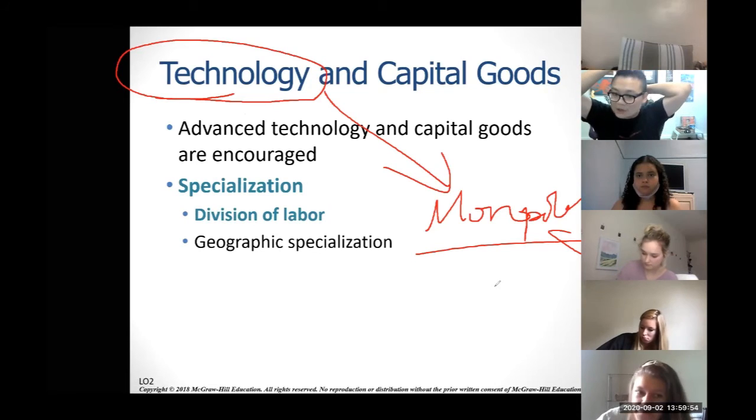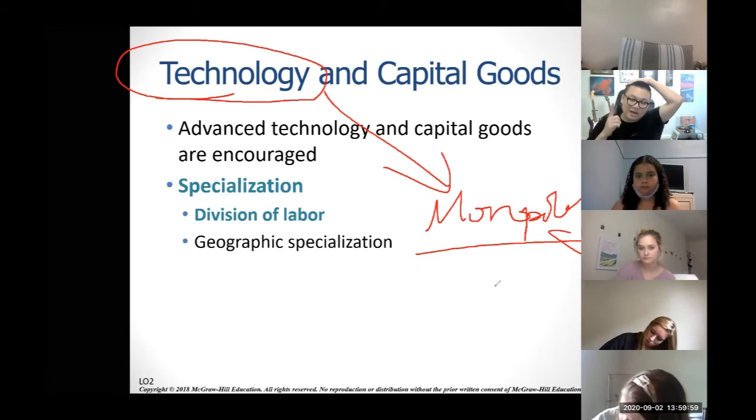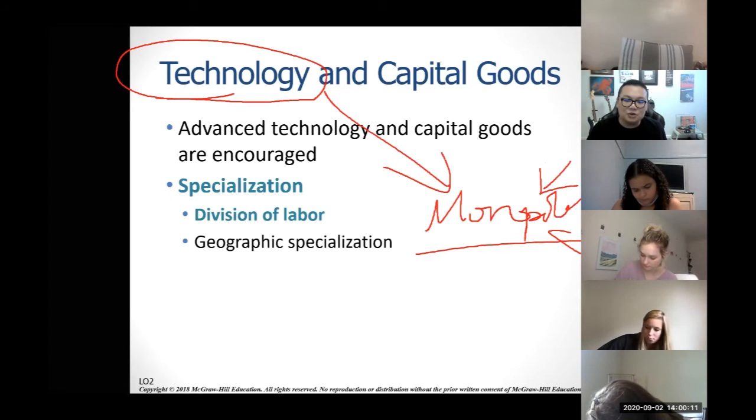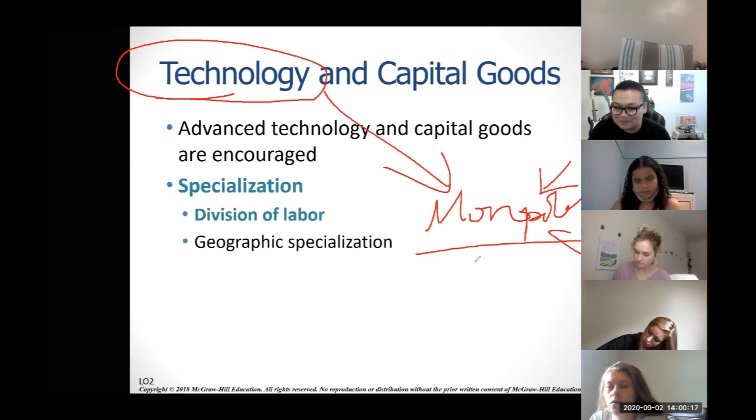Monopoly means there's only one company selling that product. Which means that company has very unique technology. So technology is very important for the monopoly market model. And we're going to spend the majority of the time going through monopoly. Can anyone give me an example of a monopoly company right now in the United States or in the whole world?